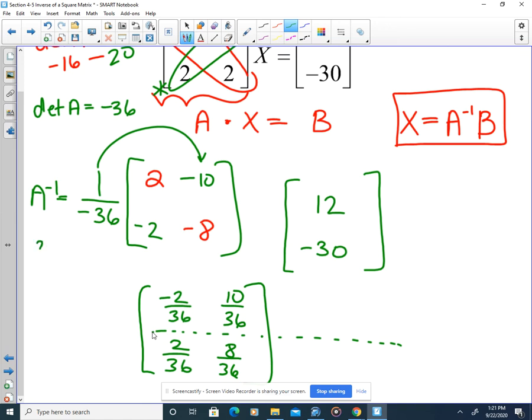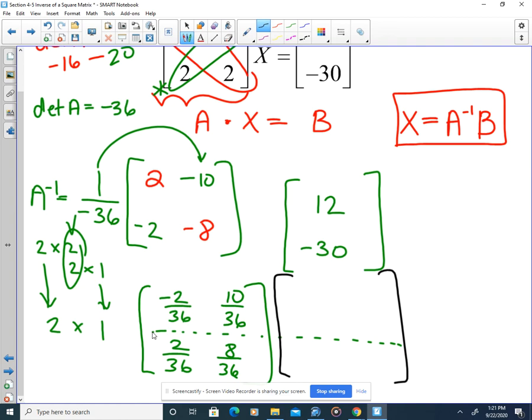Because we're taking a 2 by 2 times a 2 by 1. The 2 in the middle match, so our answer should be a 2 by 1. So the answer that we're going to get, x, is going to be a 2 by 1 matrix. So it's going to have 2 rows and 1 column.